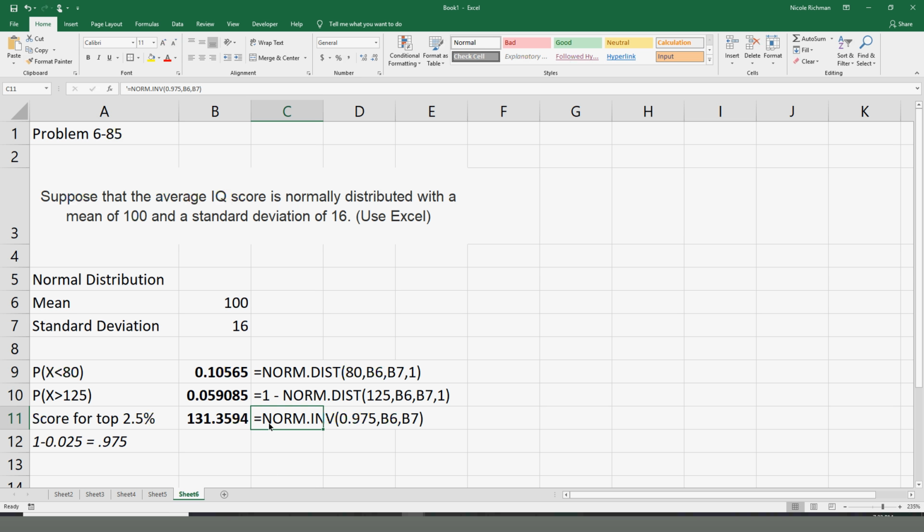There we go. So it's giving us the actual score and not a probability. I wanted to make sure I clarified that in the notes. So this would be the score that would achieve a top 2.5%.